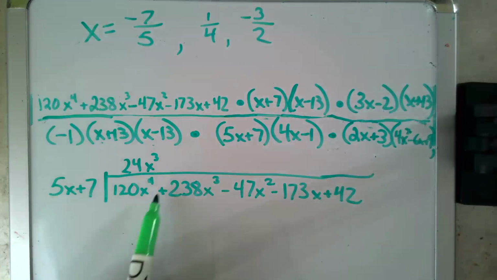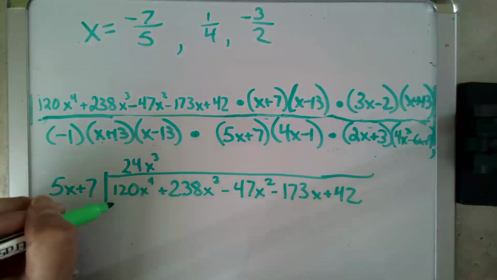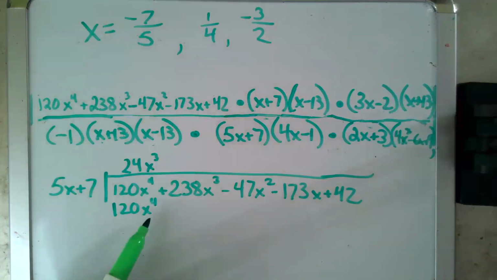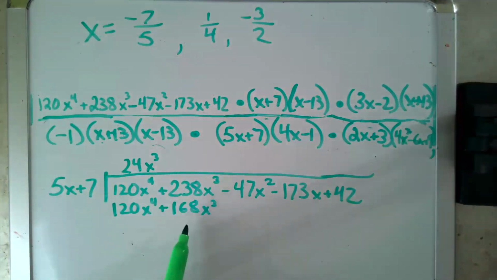We write that right on top of the one that we just investigated, but now we're going to multiply through, distributing it to both terms here. 24x cubed times 5x equals 120x to the fourth. It better, if that doesn't match up, you didn't do this part right. And then 24x cubed times 7 is 168x cubed.